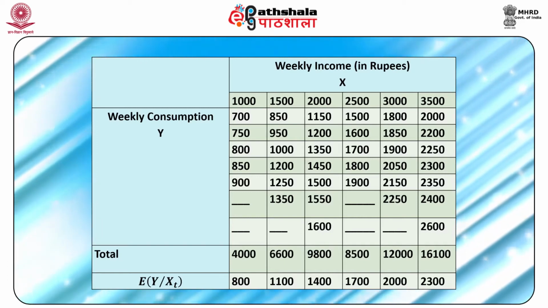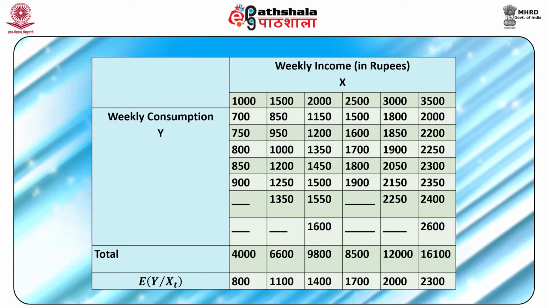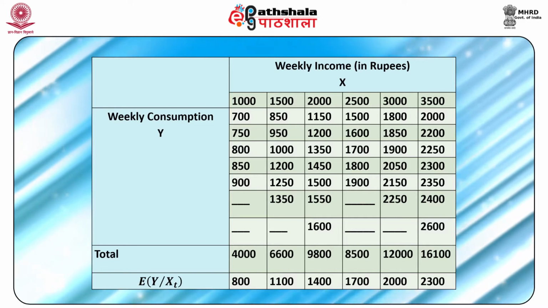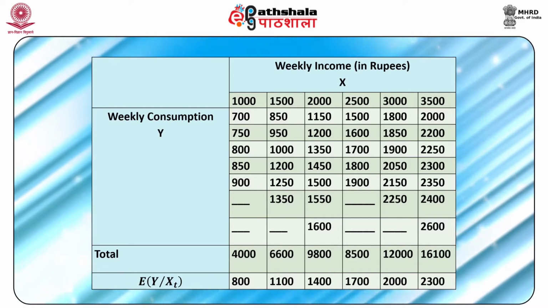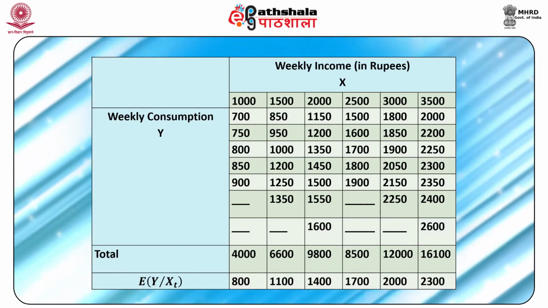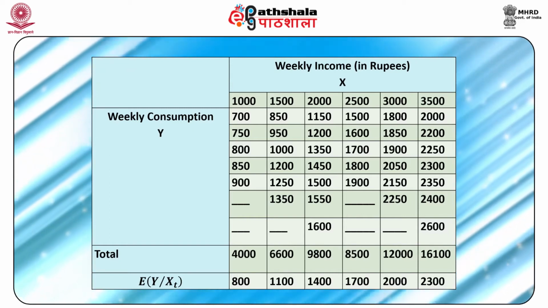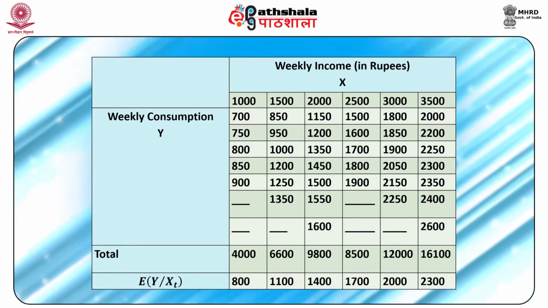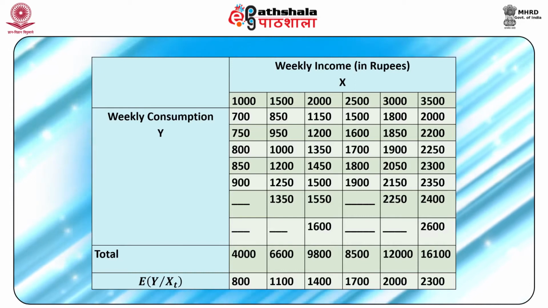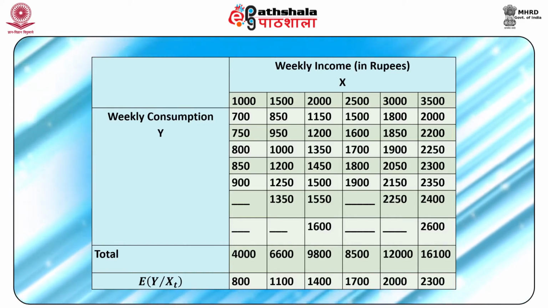If you look at the total, then we have the total weekly consumption of all the households with that particular level of income, say for example 1000 to 3500. But if you look at the last row, we have the expected value of consumption given a particular level of income.